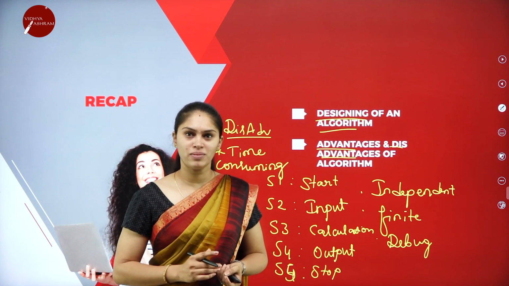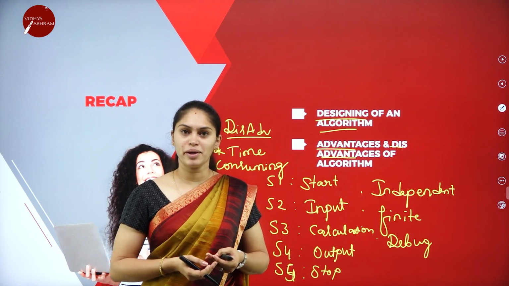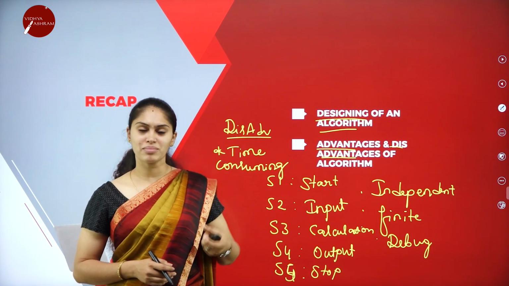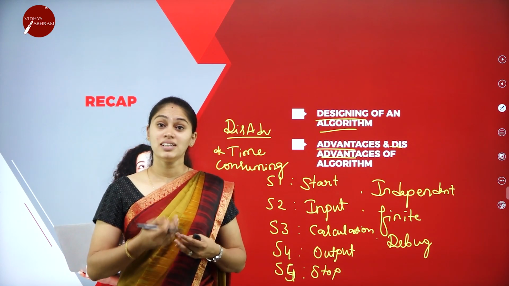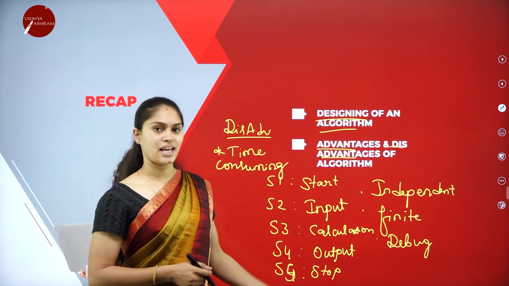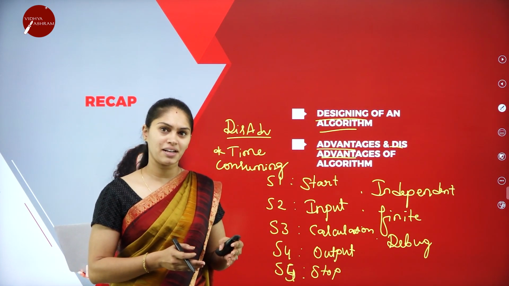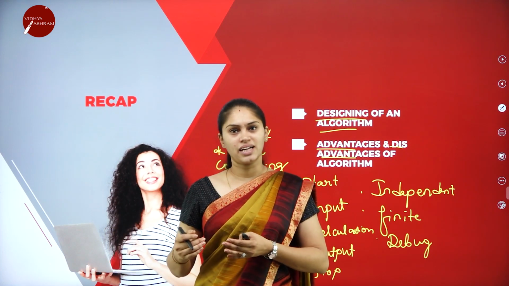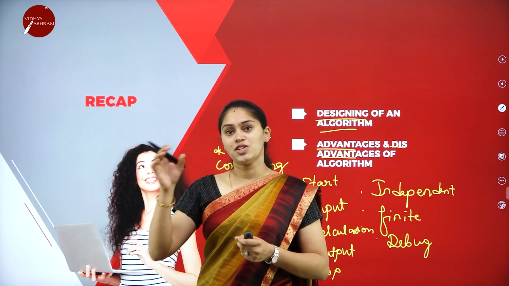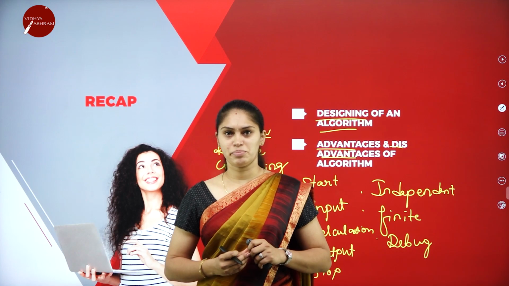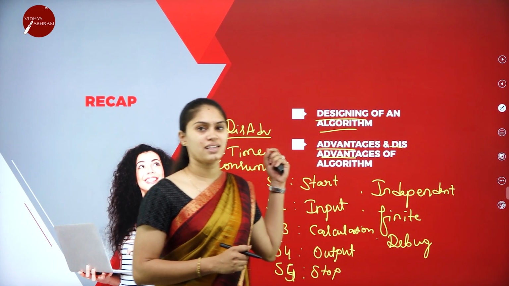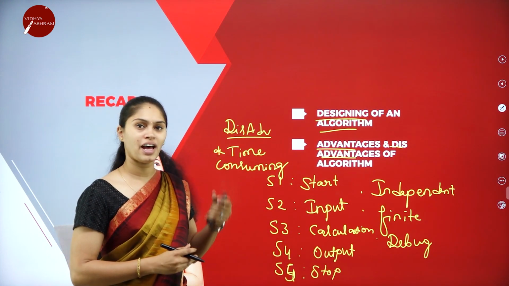If it is a simple problem or a simple program, then it will be okay. But what if the program contains thousands of lines or tens of thousands of lines? Then at that time this will be time consuming. Along with that, first we are supposed to create an algorithm that needs to be converted into a flowchart, then that needs to be converted into a higher level programming language. So these are the advantages and disadvantages of an algorithm.